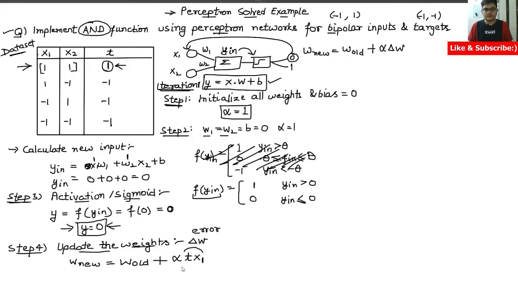We will also have to update the bias. So the new bias will be equal to the old bias plus alpha times t, right? So in this manner we update the bias and the weights. This is a very important step here. Step 4 is the updation of weights and the bias.